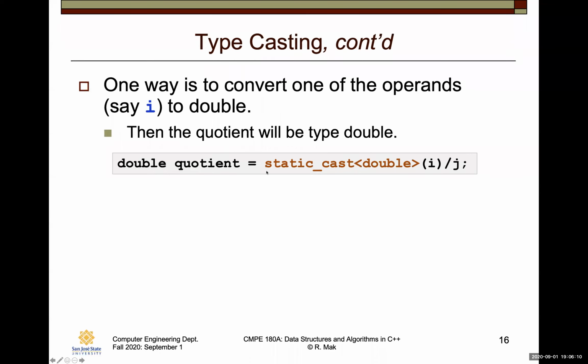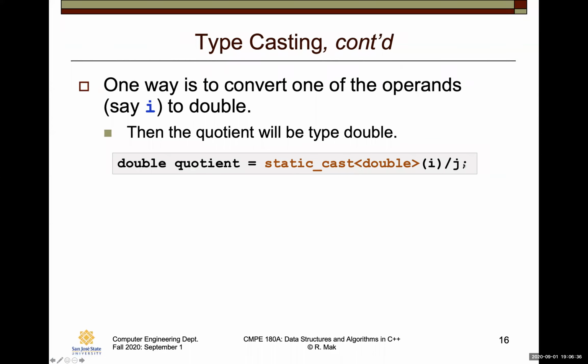You call this function called static_cast, and in angle brackets you say what data type we want to convert to, and in parentheses is the value that you want to convert. So what this says is that we're going to take the value of i, whatever it is, and make that value a double.